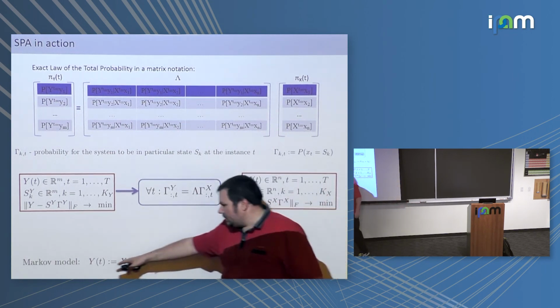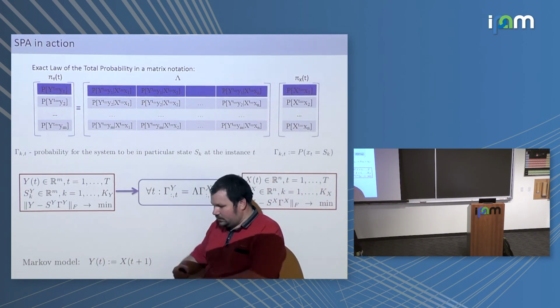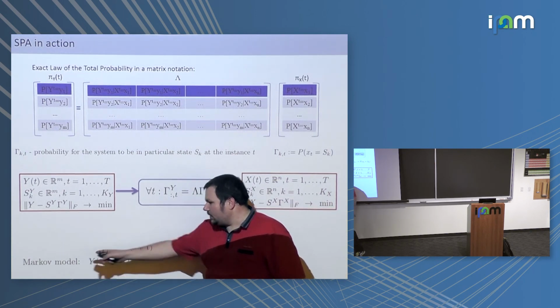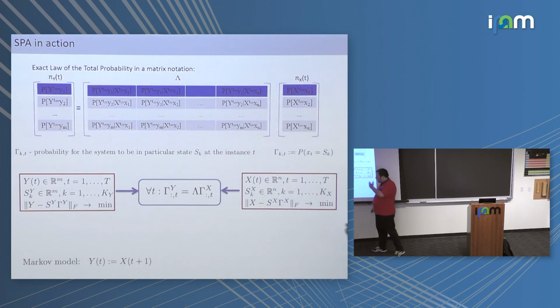Especially if, for example, you choose y_t equal to the next value of x, x_{t+1}, then actually we are talking about the Markov model. So we can apply the Markov model to the continuous signal using this algorithm.